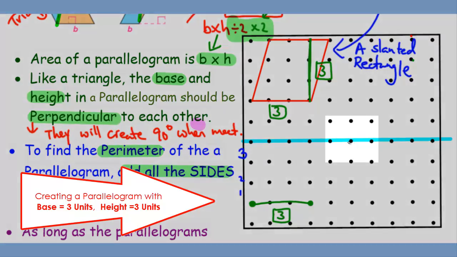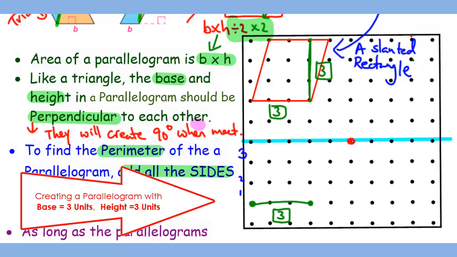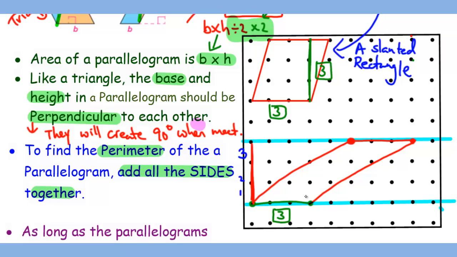So let's say that I want to begin our height right here. We will have to create a top that's the same size as the bottom because they are congruent, and all we need is to connect the dots together to make a parallelogram. So this shape that's slanted all the way across the page will belong to the same family as the one above.